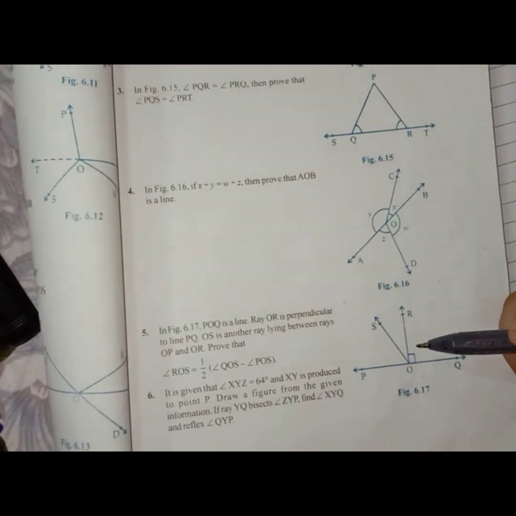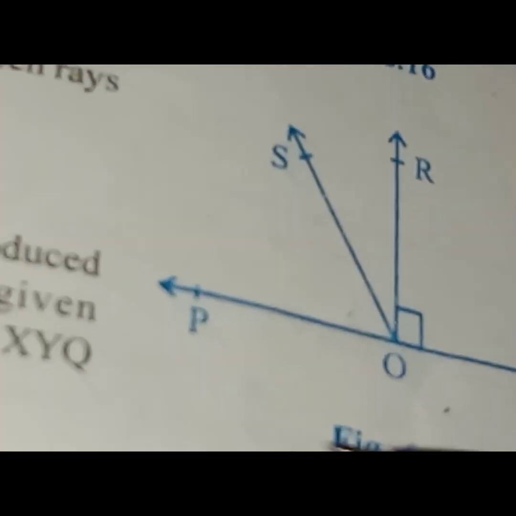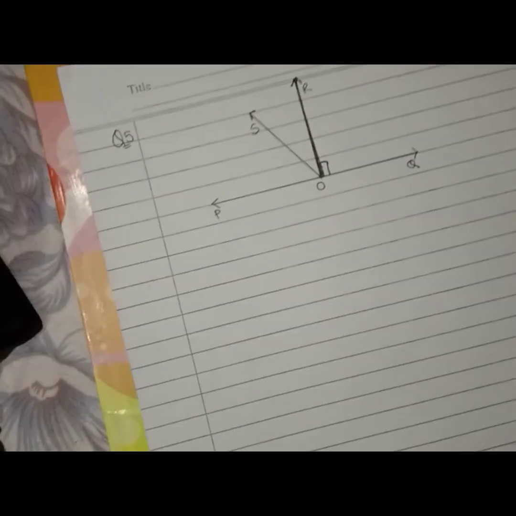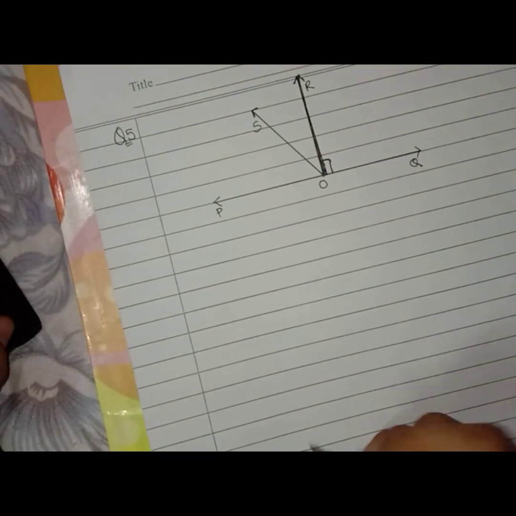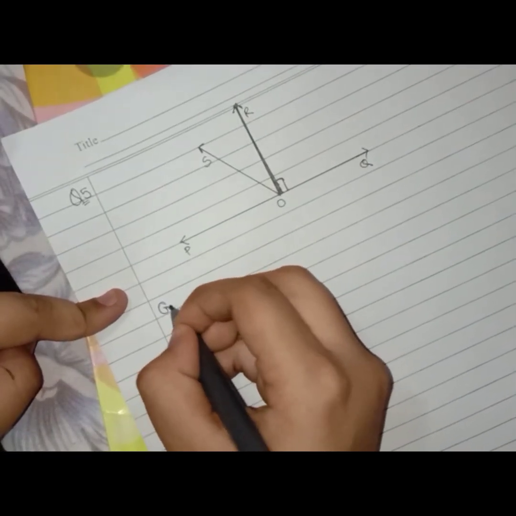And yes, in this figure it is given that ROQ is a right angle, means it is of 90 degrees as shown here. There is a box. Okay, so first we have to write what is given in the question.